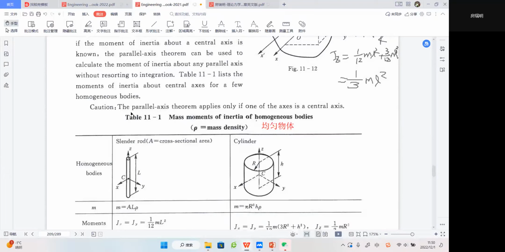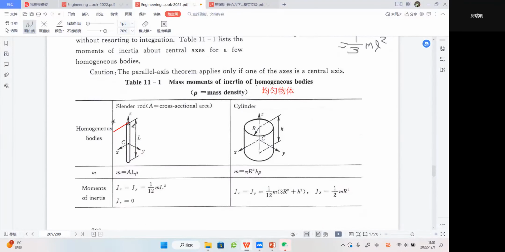And if we draw an axis x prime, which is parallel to x, the mass moment of inertia about this x prime will be 1/3 ML squared.